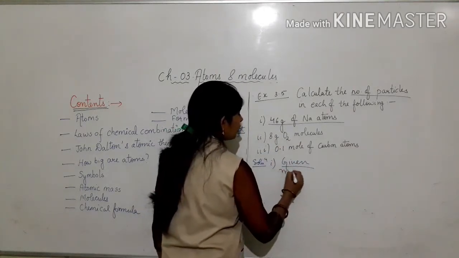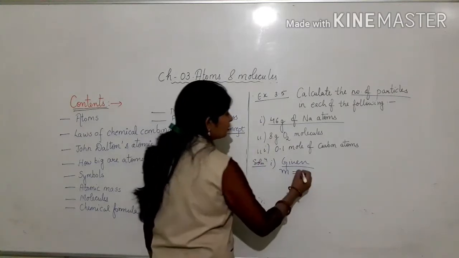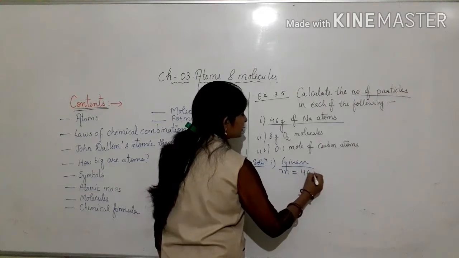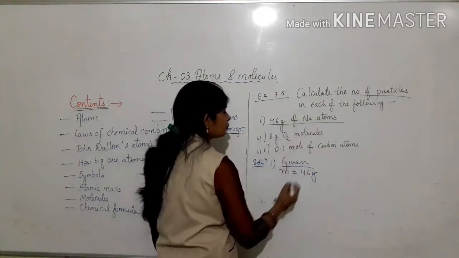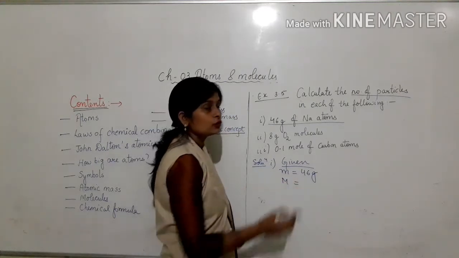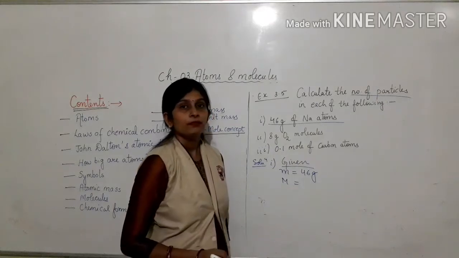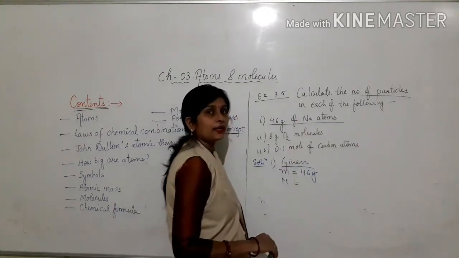Mass small m is given. That is given mass, small m, 46 gram, of sodium atoms. So what kind of particles are given? Sodium atoms. Okay, first of all calculate its atomic mass.